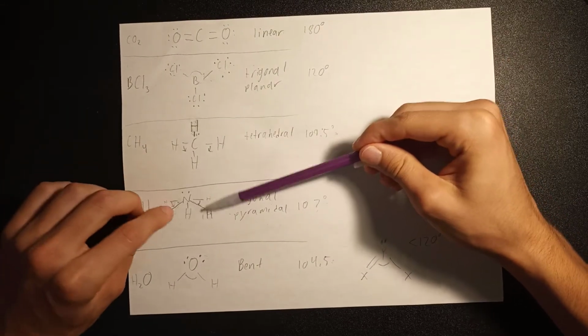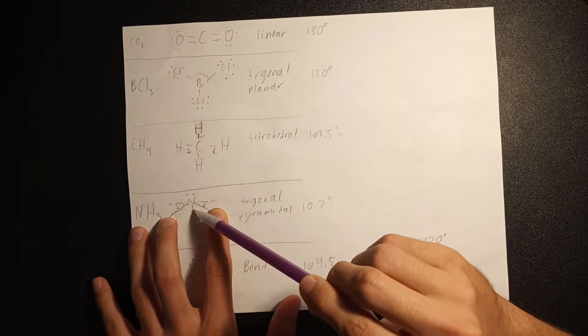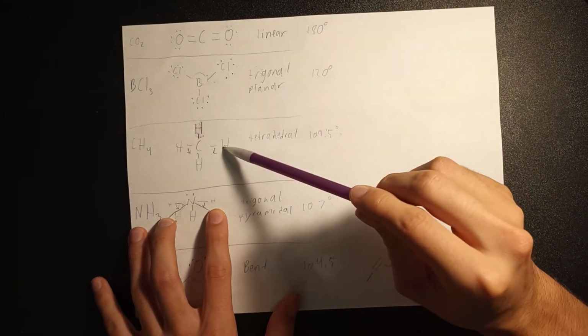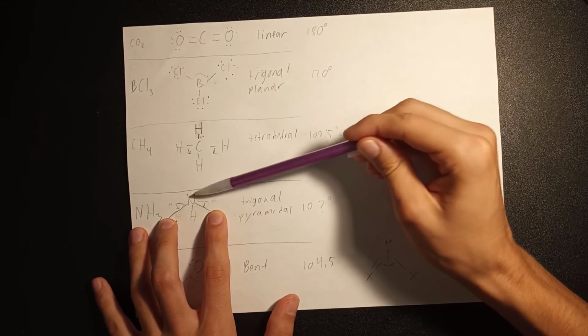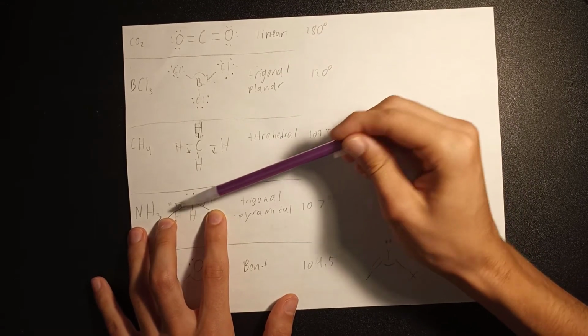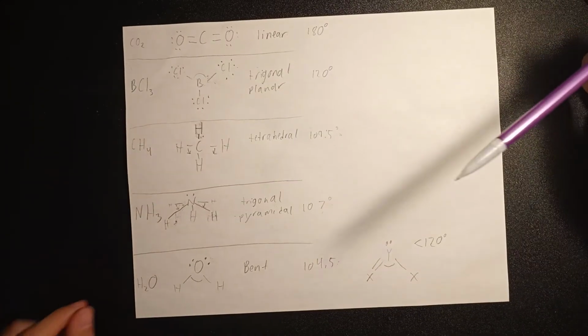So these guys are going to get pushed further down. That's what this drawing here was for. It's similar to this right here, where it just sticks out to the side. But because this guy repels stronger, it pushes these guys down a little bit, and they're just a little bit pointed down.